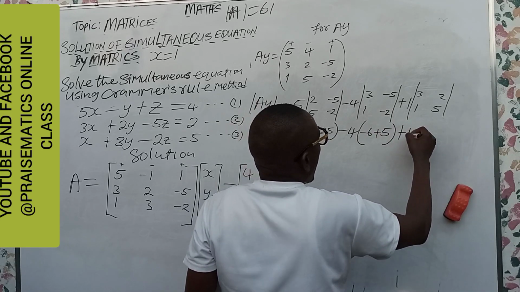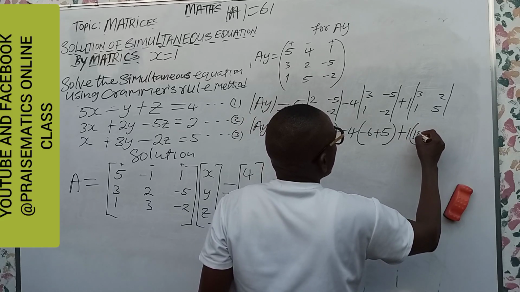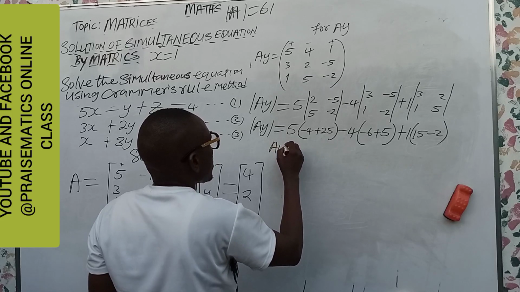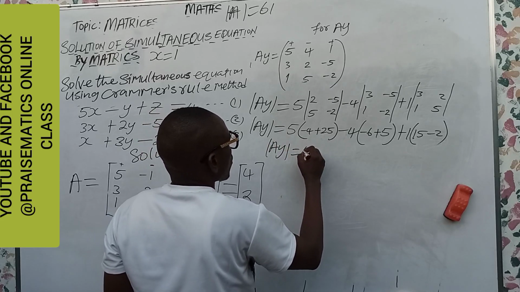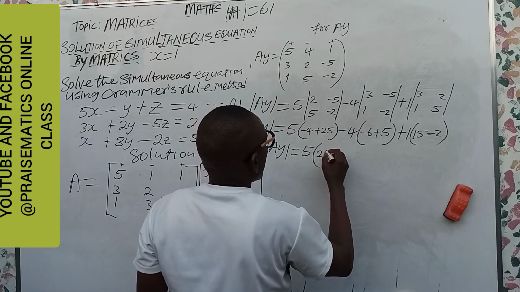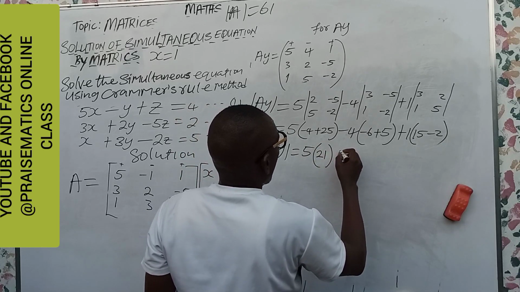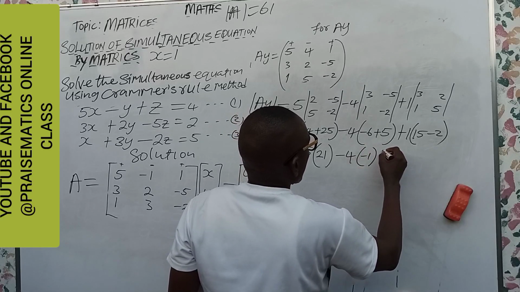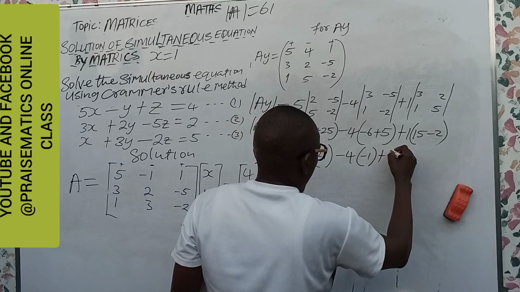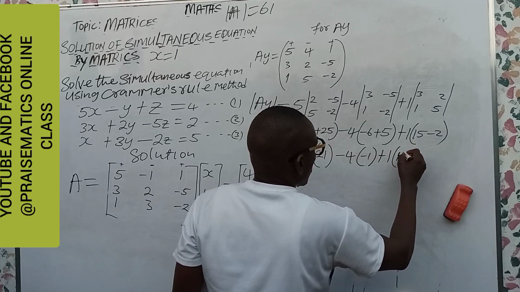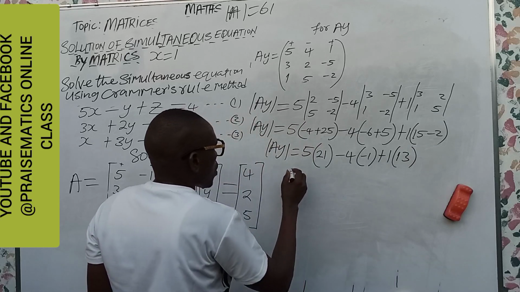Plus 1 into 15 minus 2. Close it. Now what do we have here? Ay determinant is equal to 5 into what? 21, minus 4 into minus 1, plus 1 into 15 minus 2, which is 13. Close it. What do we have here?